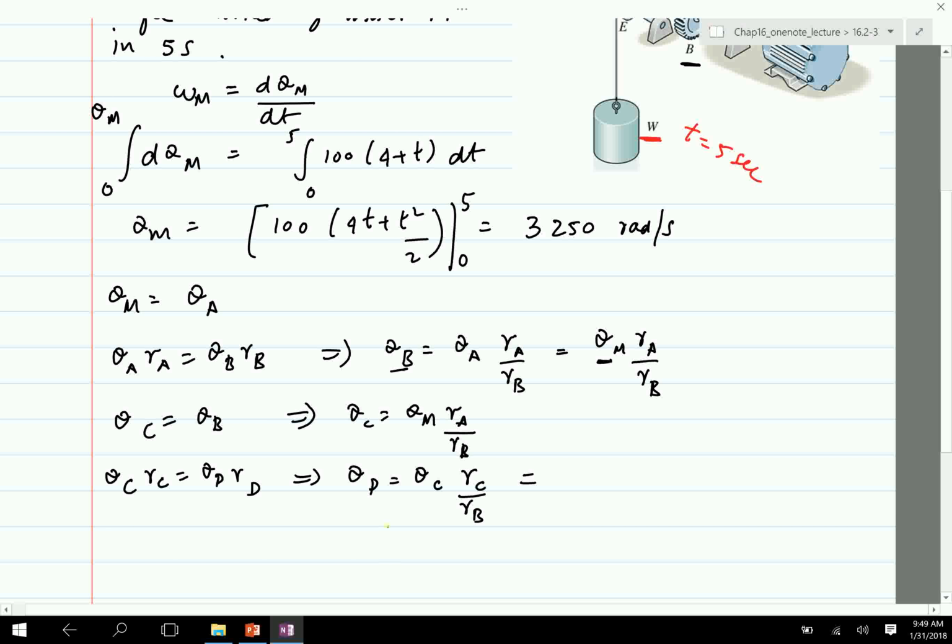It's theta m times Ra divided by Rb, times Rc divided by Rd. I think I wrote that wrong before. This should be Rd.